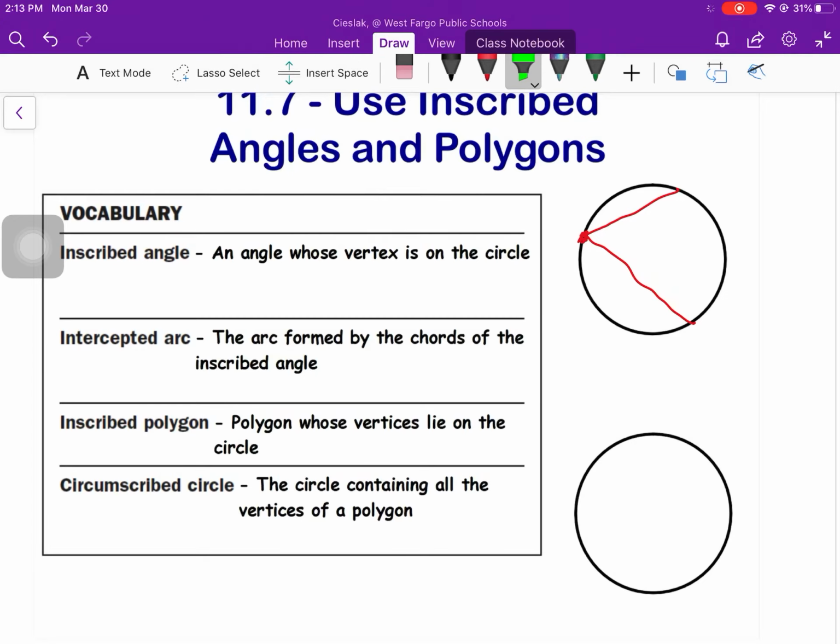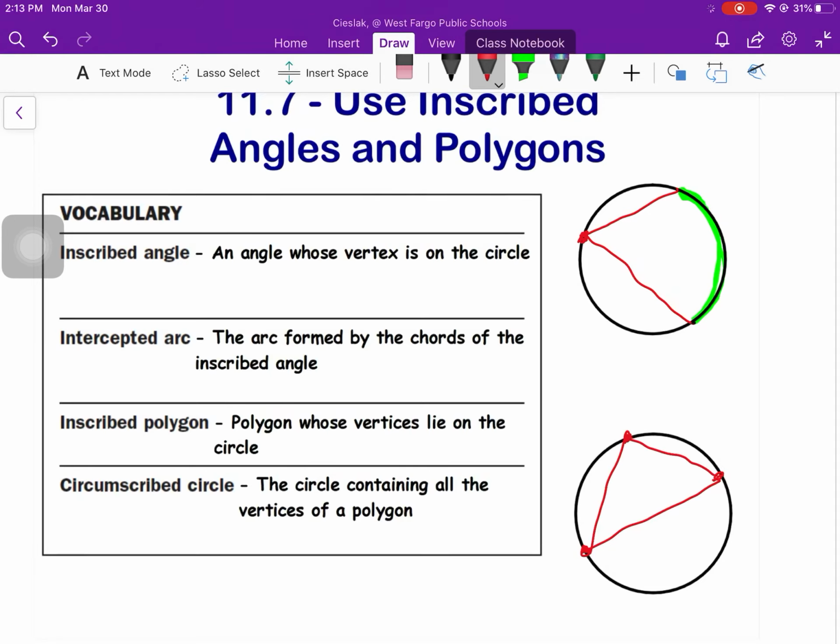The intercepted arc is the arc formed by the chords of the inscribed angle. So this right here is the arc formed by those two chords, so that is our intercepted arc. An inscribed polygon is a polygon that has all of its vertices on the circle.